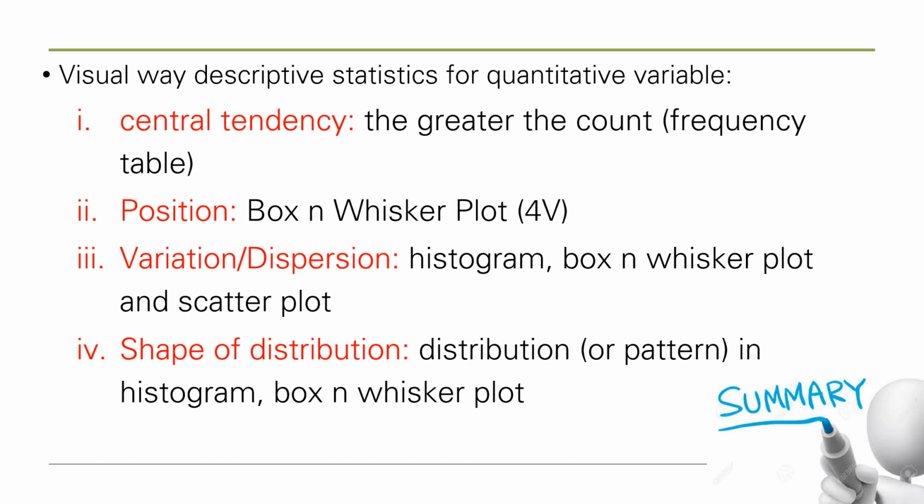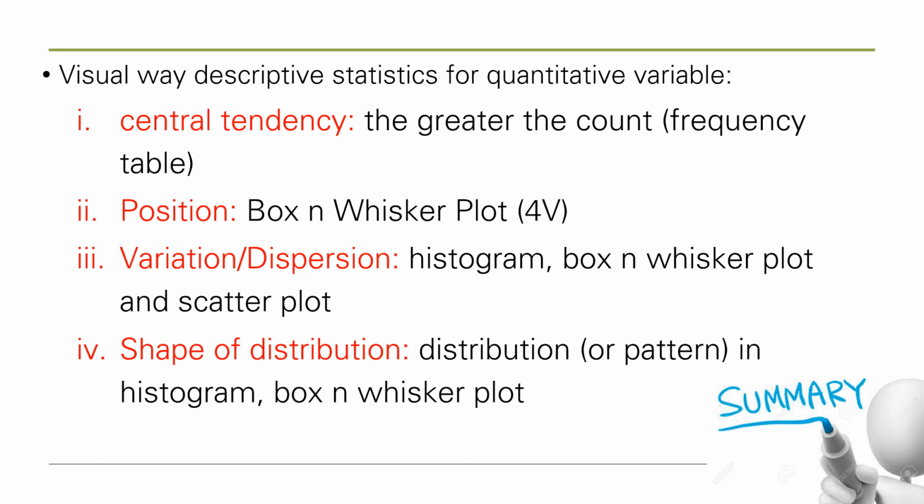Using visualization approach in descriptive statistics for quantitative data, in terms of central tendency, those visuals can be used: box plot from quartile to value, frequency table from the greater or lesser count, and histogram from the center value of the chart.